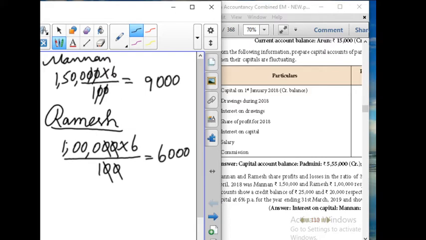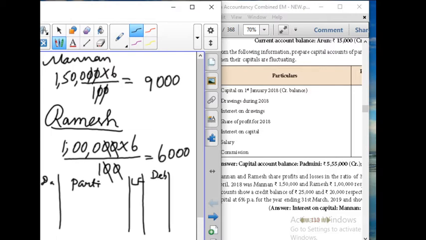So next we do the journal. Show the journal entries. So date, particulars, debit and credit. So what is the interest on capital? Interest on capital account, debit. Total amount is 9,000 plus 6,000 is equal to 15,000.